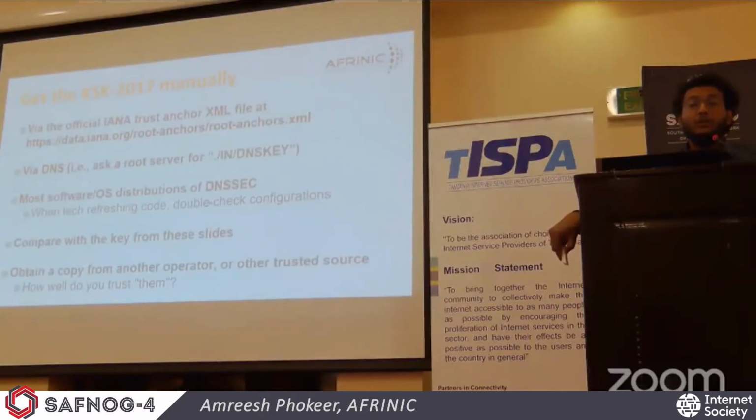If you are not using RFC 5011, that is getting the automatic updates, then you should get the KSK 2017 manually via a trusted source. For example, you can go on the IANA website, or you can dig for the DNSKEY using just the dig command. And then make sure you have the latest key.